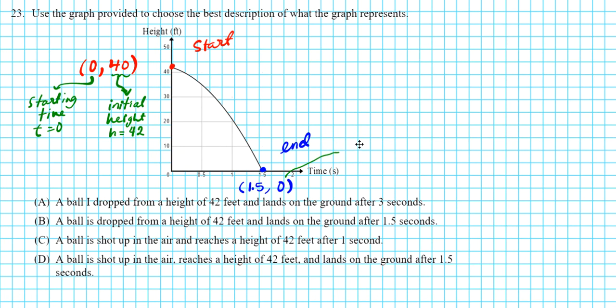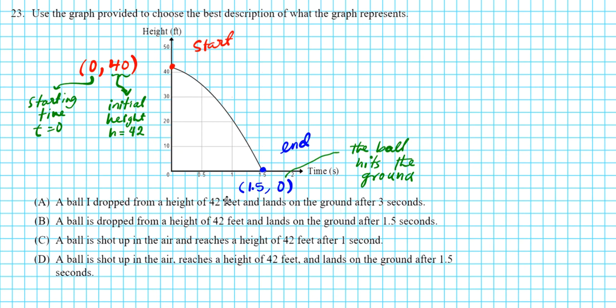Basically, the ball hits the ground. Okay, if you're on the ground, how far are you from the ground? You are 0 feet from the ground, right? So that's why you have a 0 here. And 1.5 basically represents the time that the ball hits the ground.